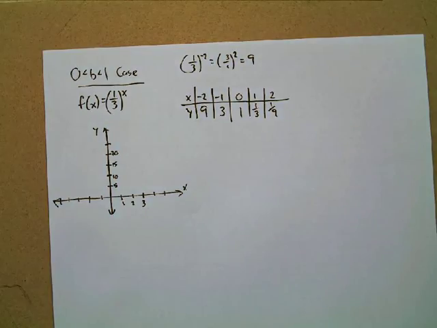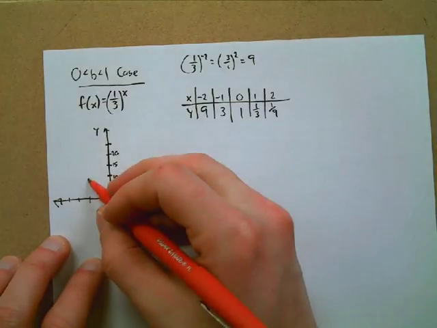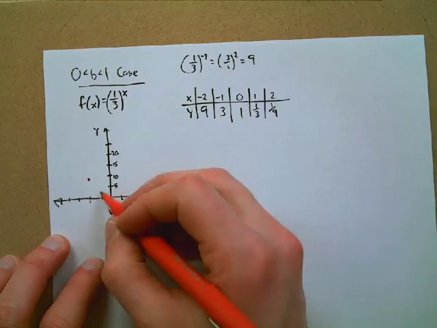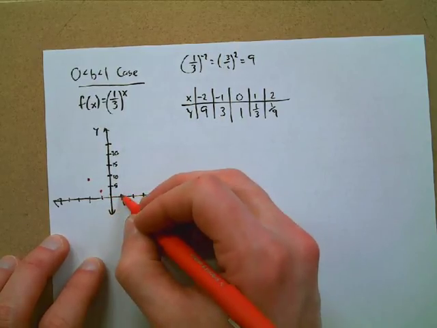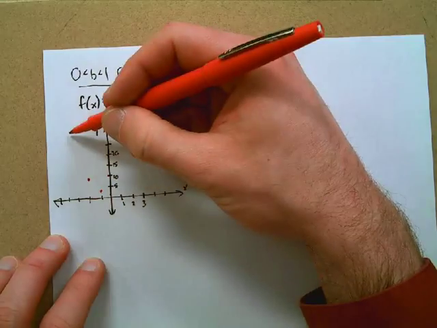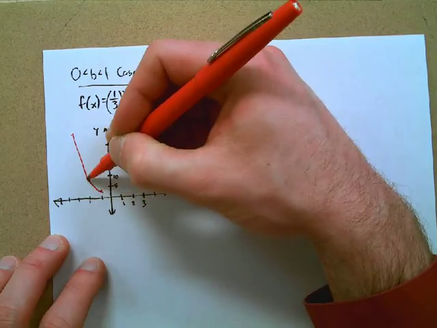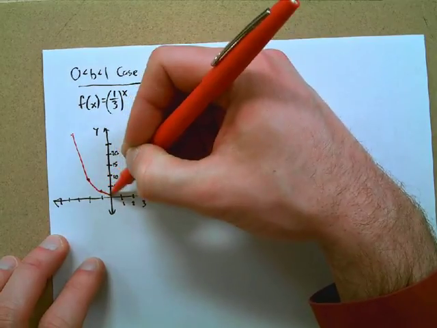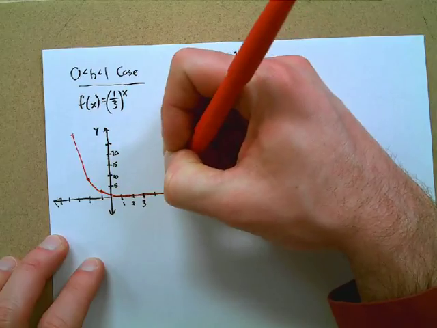So negative 2, 9, negative 1, 3, 0, 1, and then again it kind of goes something like that.